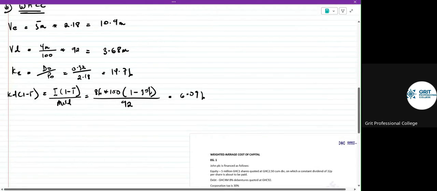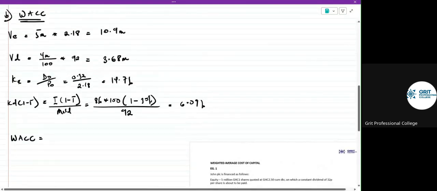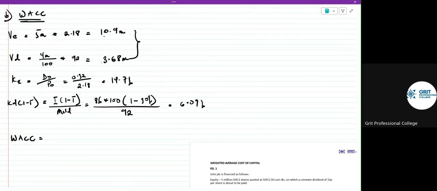All right. So we have all the things we need to calculate our WACC. Even before that, please add the value of equity and value of debt. What would that give us?